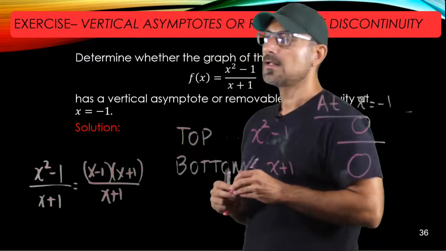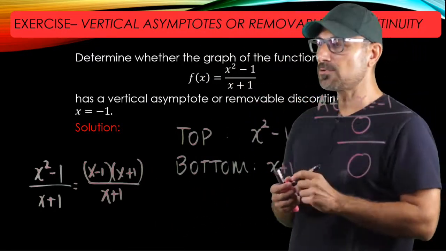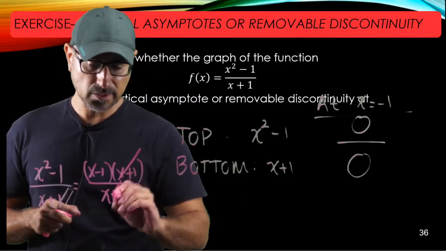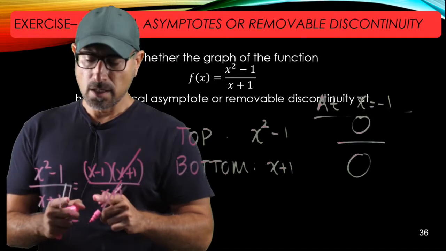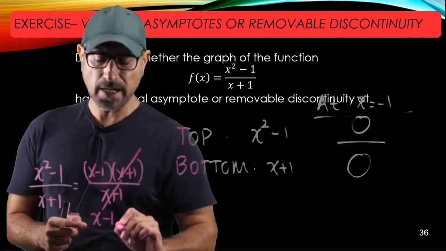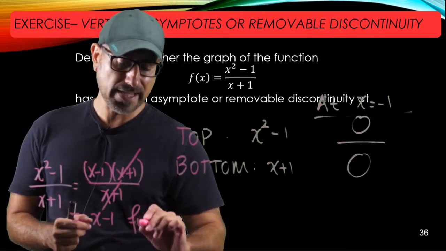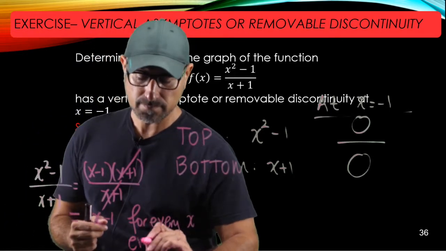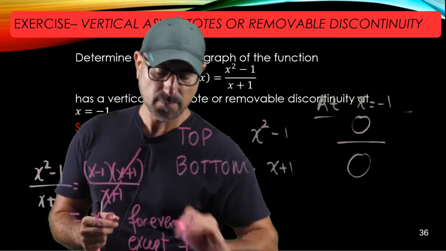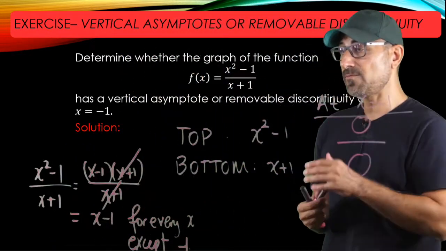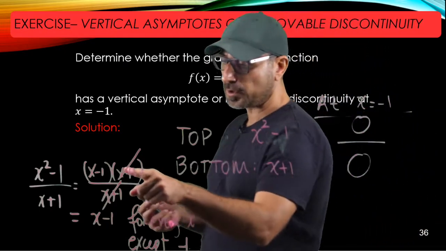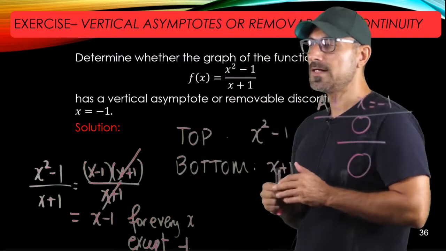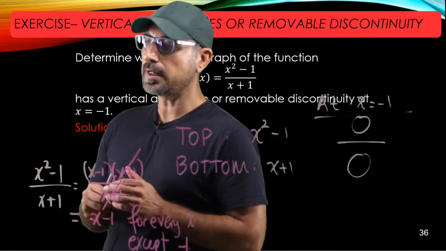So in fact, around the point x equals negative 1, but not at x equals negative 1, we can do the cancellation, and then we can say this function is equivalent to x minus 1 for every x except negative 1. Because I know that for negative 1 the function is not defined. For negative 1, you have 0 over 0, and I'm not allowed to divide 0 by 0. So except at negative 1, the function is exactly equal to x minus 1.